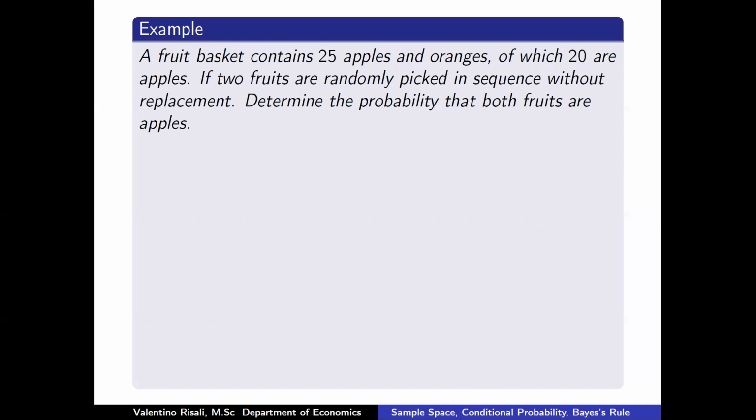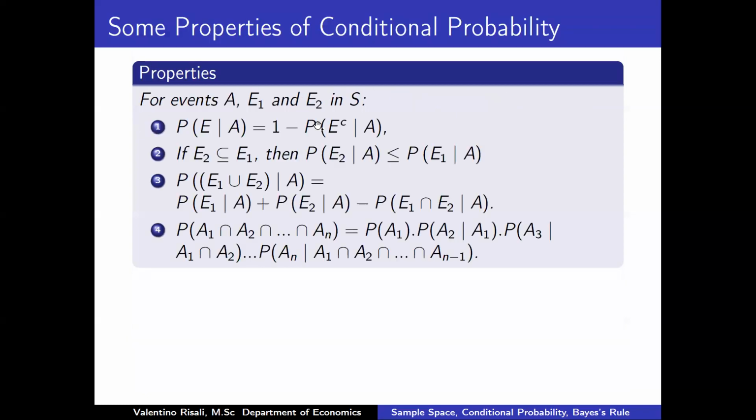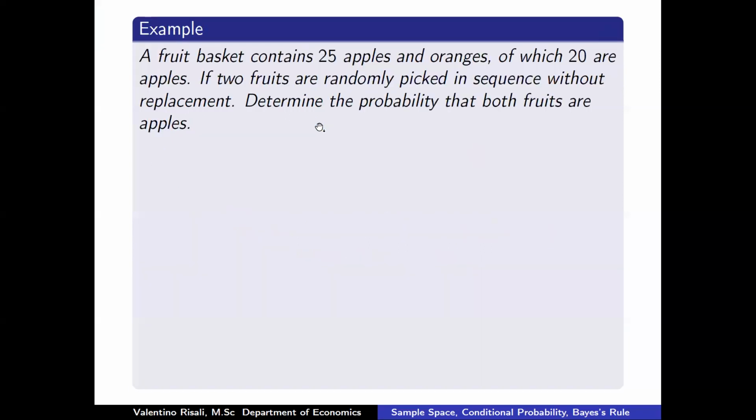We want to determine the probability that both of them are apples. So what are the events of this problem? For the hint, we will use property number 4. But firstly, find the events.